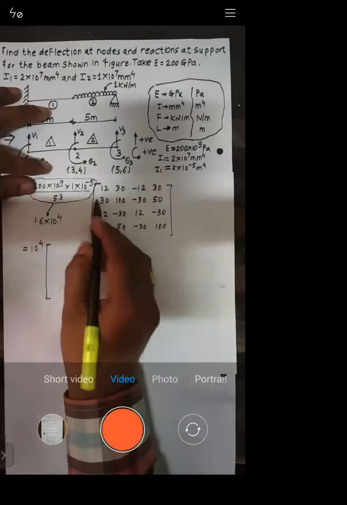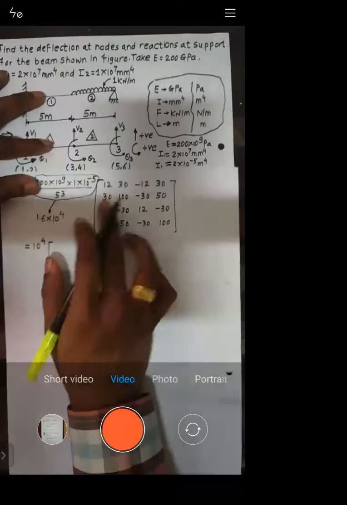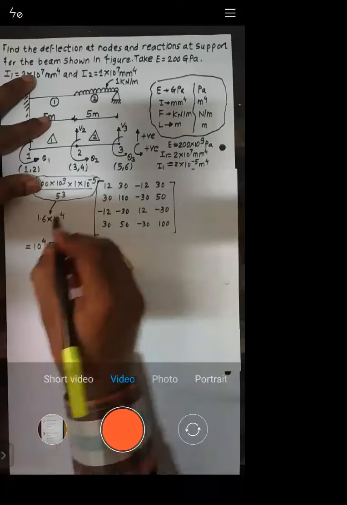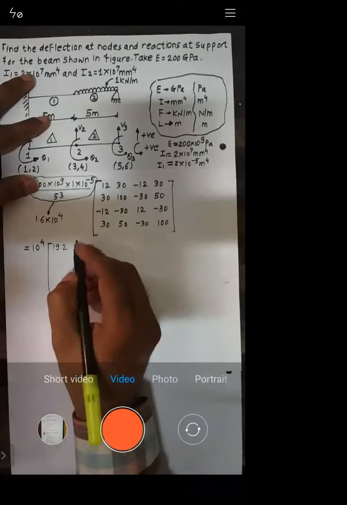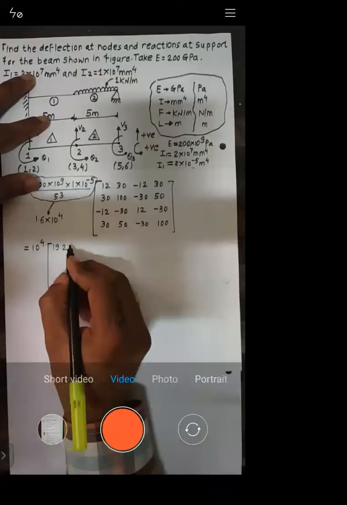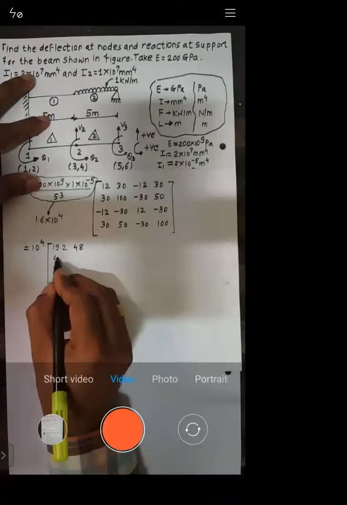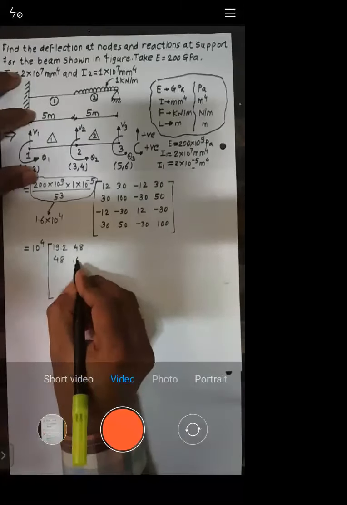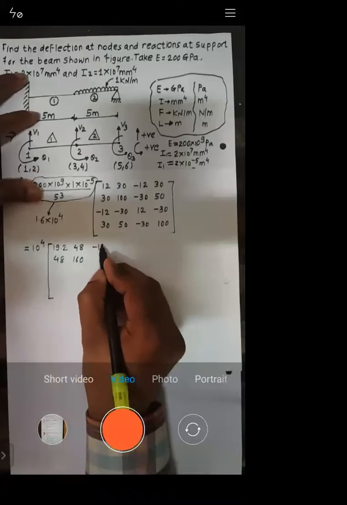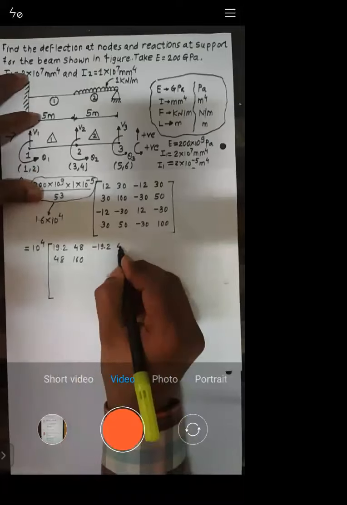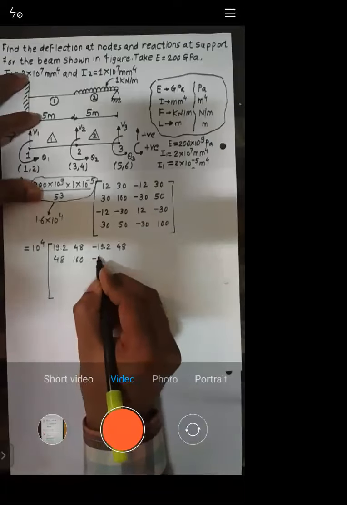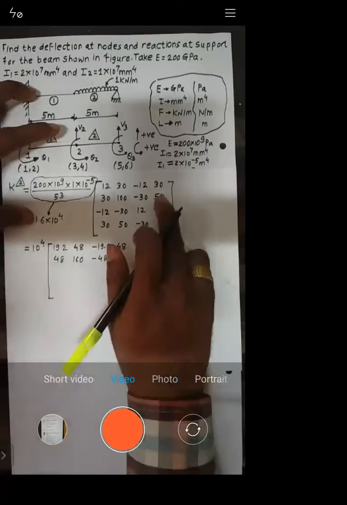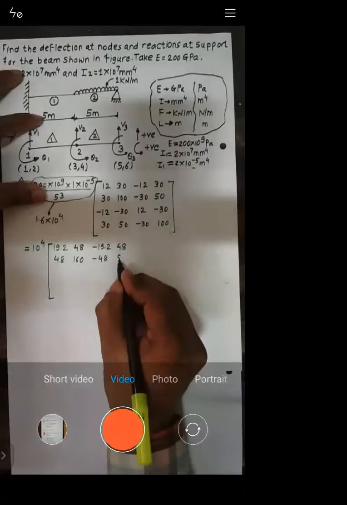So 1.6 into 12, let me know immediately. 19.2. 1.6 into 30, 48. So here again it is 48. 1.6 into 100, it's 160. Now the same I will have minus 19.2, 48, minus 48. 1.6 into 50, 80.